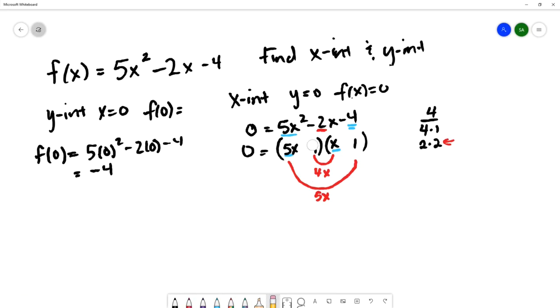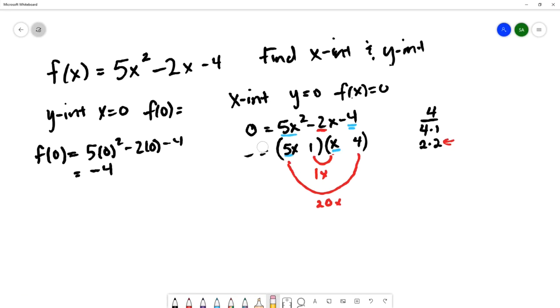I could try switching the 4 and the 1. And still, when I check the inside and the outside, I get 1x and 20x. If I add those, it gives me 21. If I subtract them, it gives me 19. And neither one of those is the right middle number. So I've exhausted every possibility for factoring this quadratic. So I know that factoring will not work to solve this quadratic equation.